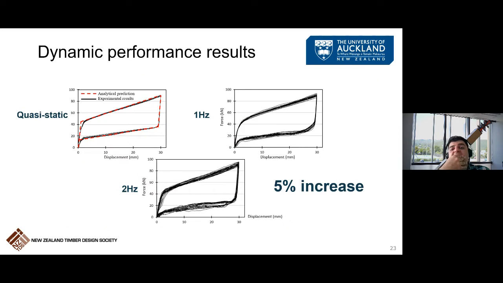In the test I'm showing you, instead of an appropriate loading protocol, we did about 25 full cycles to push it and see what will happen. We used 3 different loading rates: the quasi-static or slow one, 1 Hertz frequency and 2 Hertz frequency. As you can see, the performance is quite stable and we observed about 5% increase in the resistance of the device.